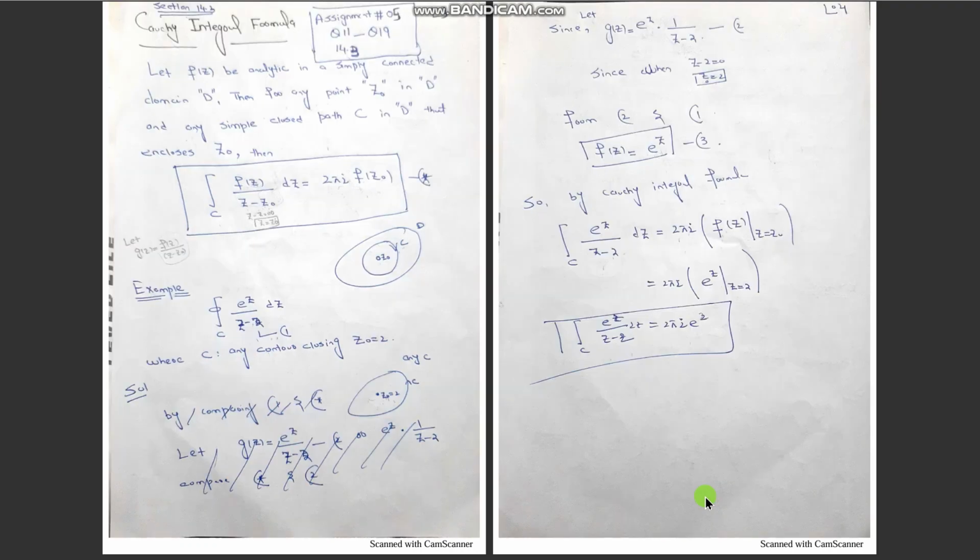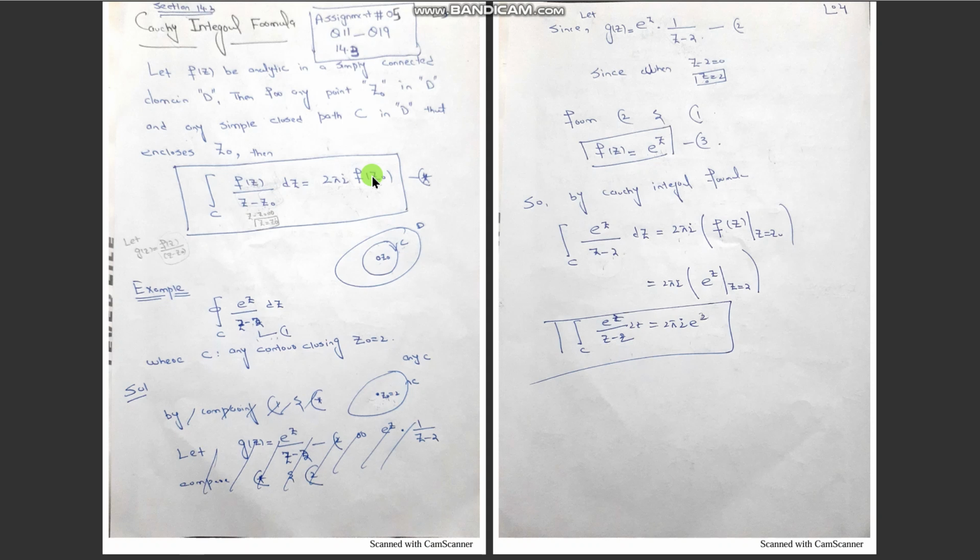Cauchy integral formula is the main topic, and this is very important. Cauchy integral formula says that let f of z be analytic in a simply connected domain D, then for any point z0 in D and any simple closed path C in D that encloses z0, the integration of the function f of z over z minus z0 dz is equal to 2 pi iota into f of z0.